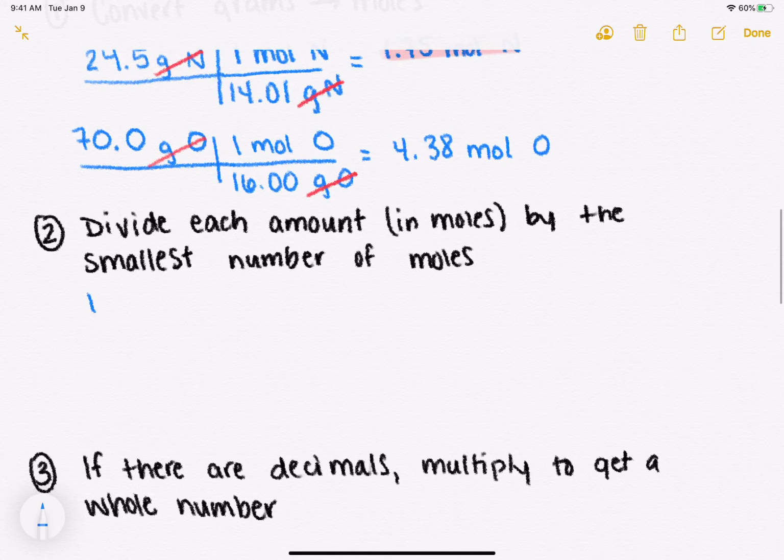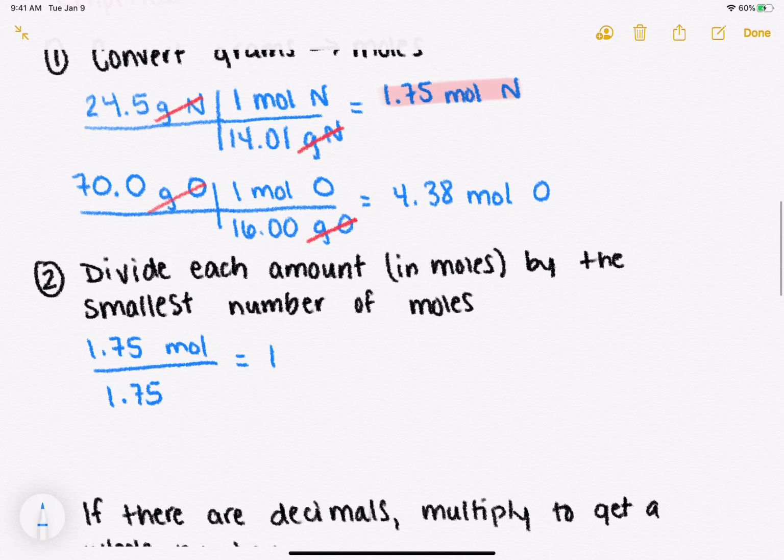So we'll start with 1.75 moles divided by 1.75, and that is equal to 1. And this is going to be for our nitrogen. Remember that the 1.75 was our moles of nitrogen. So I'm just going to put nitrogen there so we can remember what it is.